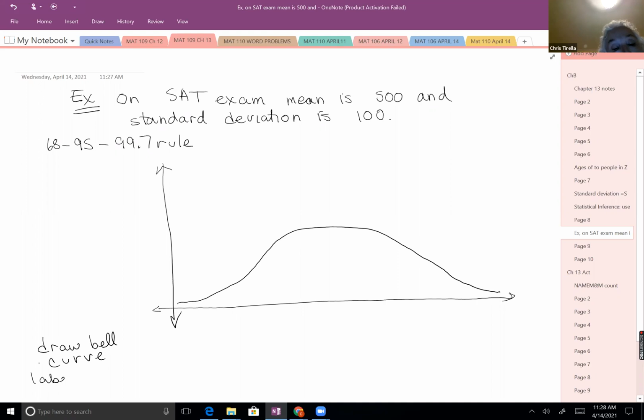I label the mean in the middle. So for this example, my mean is 500.